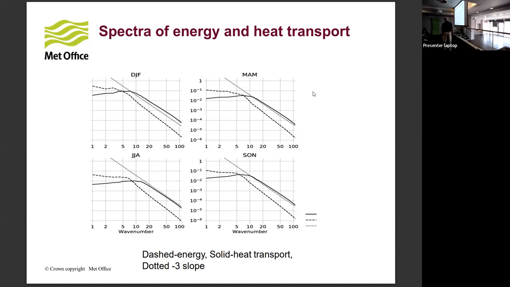So it's a fraction of the radius of the Earth. The horizontal scale is given by the wave number, which is the factor in the wave, and the wave number is 2 pi divided by the wavelength.